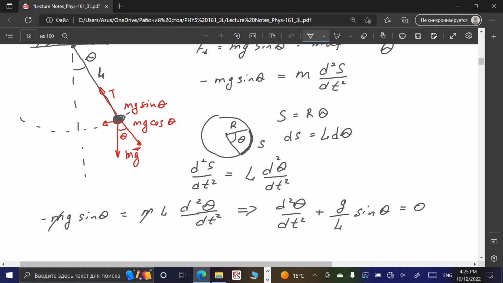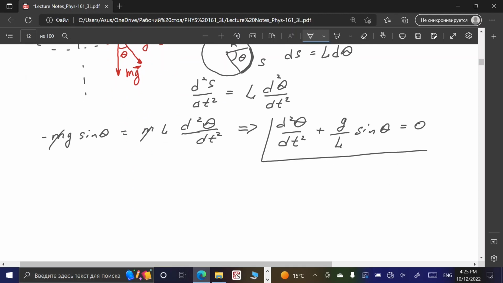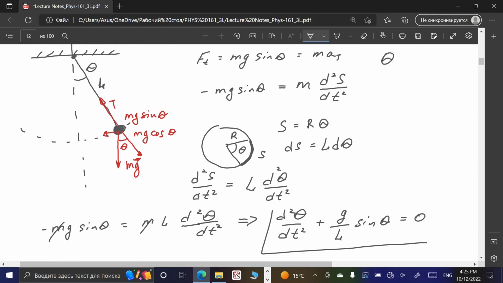So this is our new differential equation, which gives us information about theta as a function of time. It actually describes how this block attached to the rope together as a system will move around equilibrium condition. So theta as a function of time, that's what we want to know.